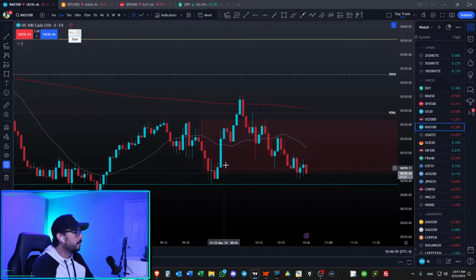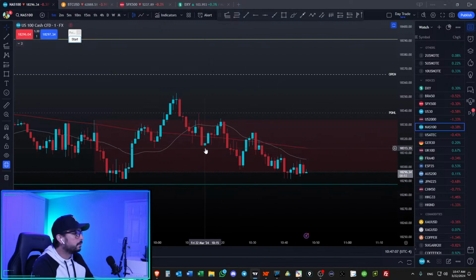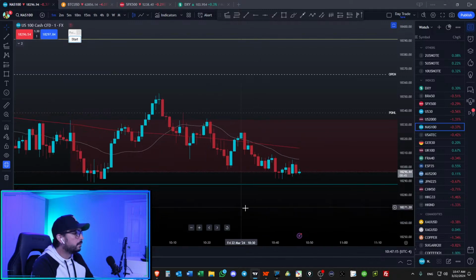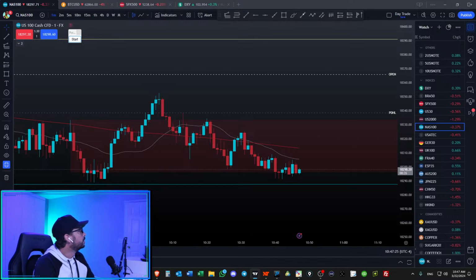The 2 minute gets a little cleaner. But still, there is a big consolidation.